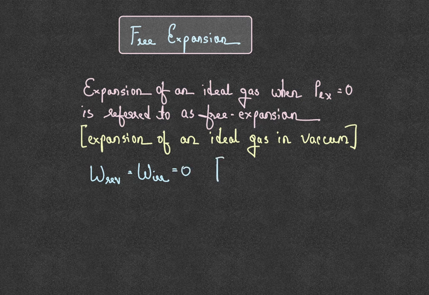Because when P external is 0, everything has to be 0. So in free expansion of an ideal gas, work done, irrespective of what path is taken by the system, reversible or irreversible, has to be 0. Clear?